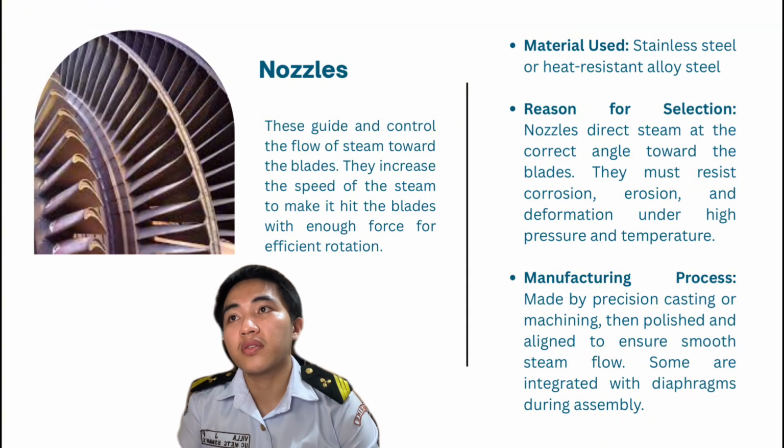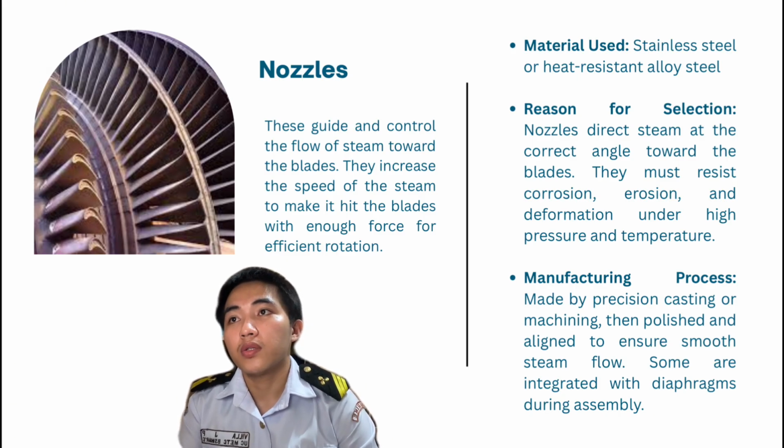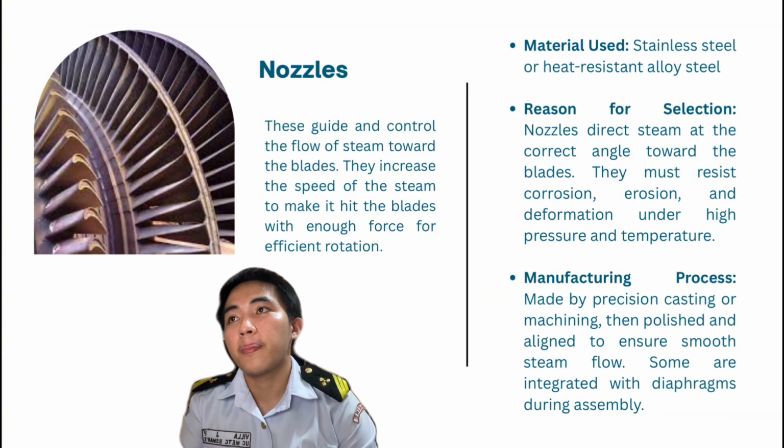They must resist corrosion, erosion, and deformation under high pressure and temperature. Manufacturing process: made by precision casting or machining, then polished and aligned to ensure smooth steam flow. Some are integrated with diaphragms during assembly.